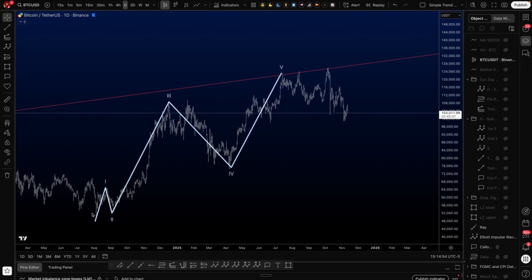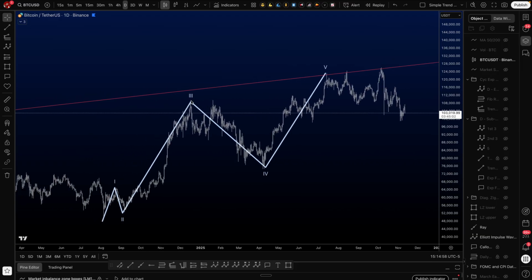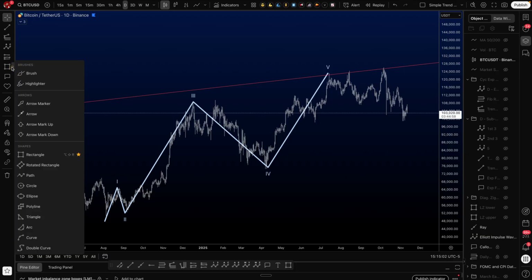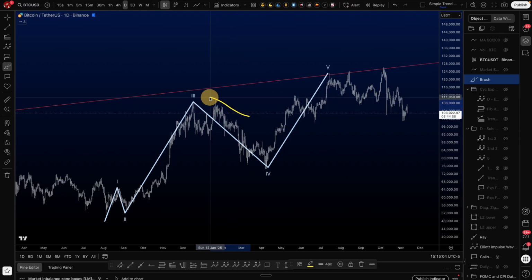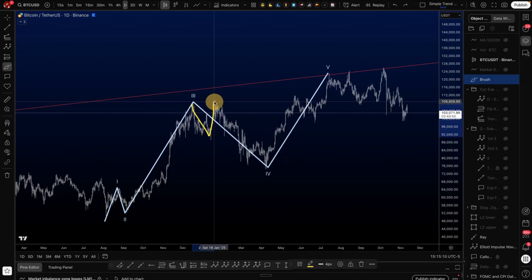Obviously, you can see my waves here: 1, 2, 3, 4, 5. I struggled a little bit with this area here, because you could have called this maybe 3, 4, 5, and then this was a corrective structure in the larger thing, and then you still end up with a 1, 2, 3, 4, 5.